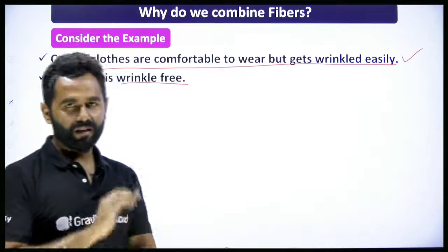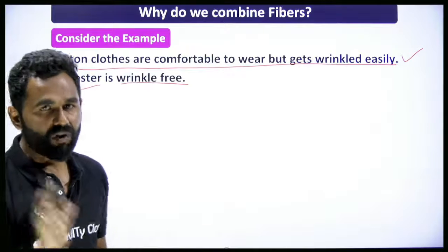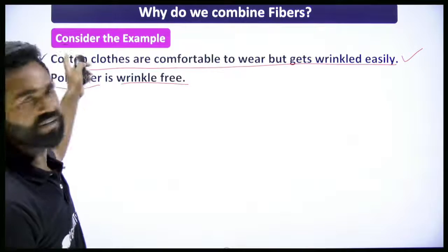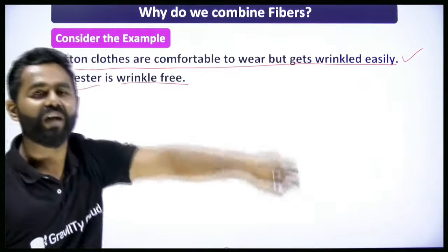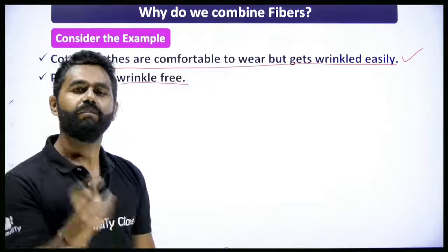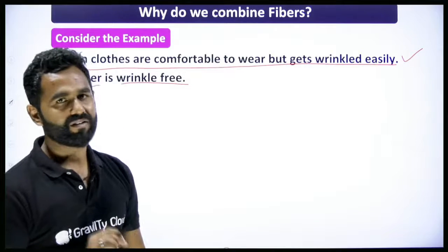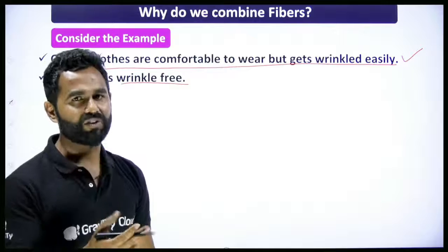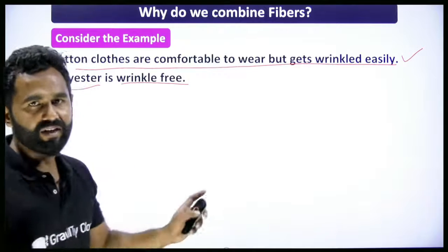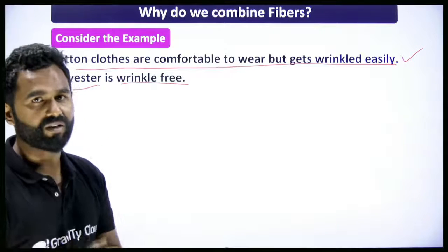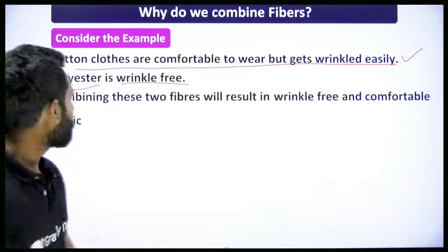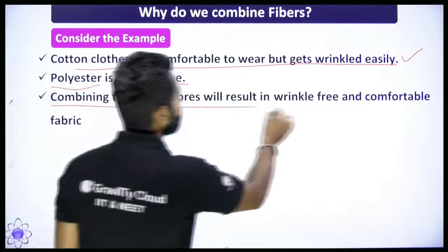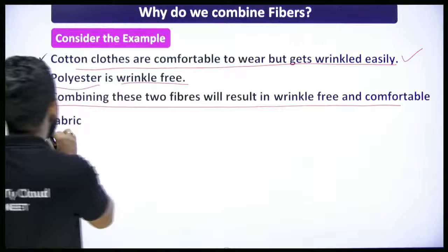And it will also be wrinkle free, because we are adding the polyester into cotton, and the final product will have the properties of both fibers. So the final cloth which you will wear will be wrinkle free and also comfortable to wear. Simple, right? So combining the two fibers results in a wrinkle-free and comfortable fabric.